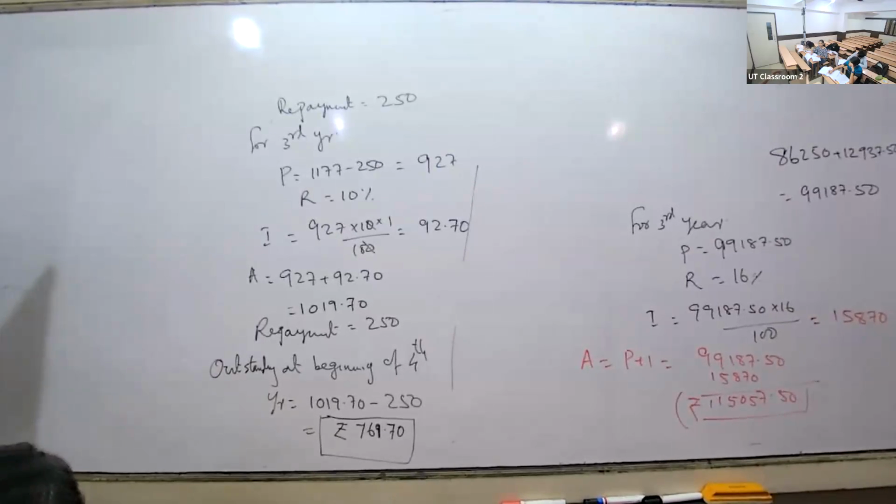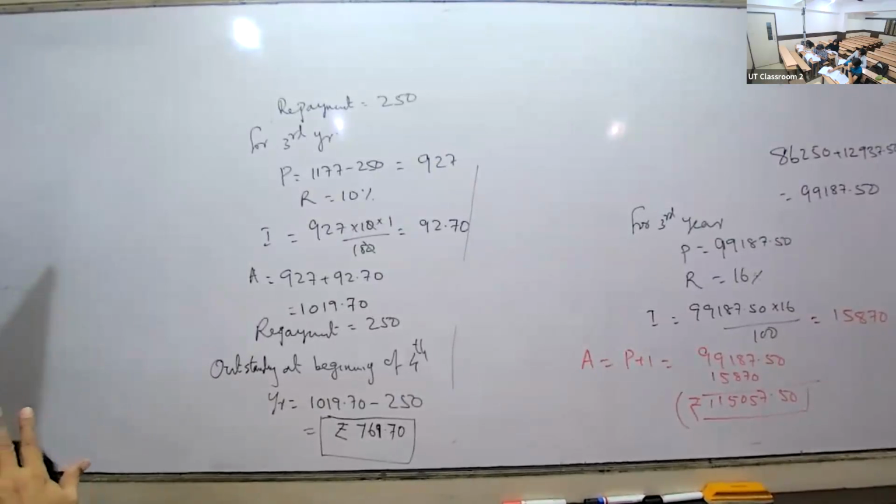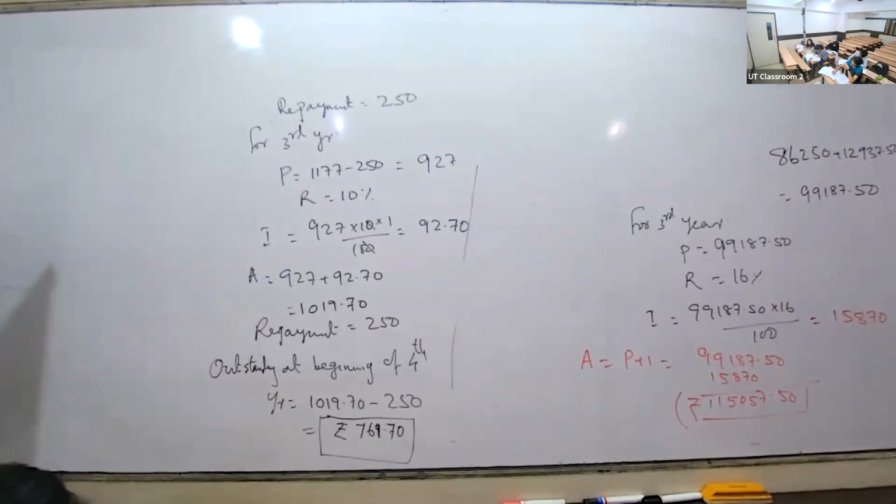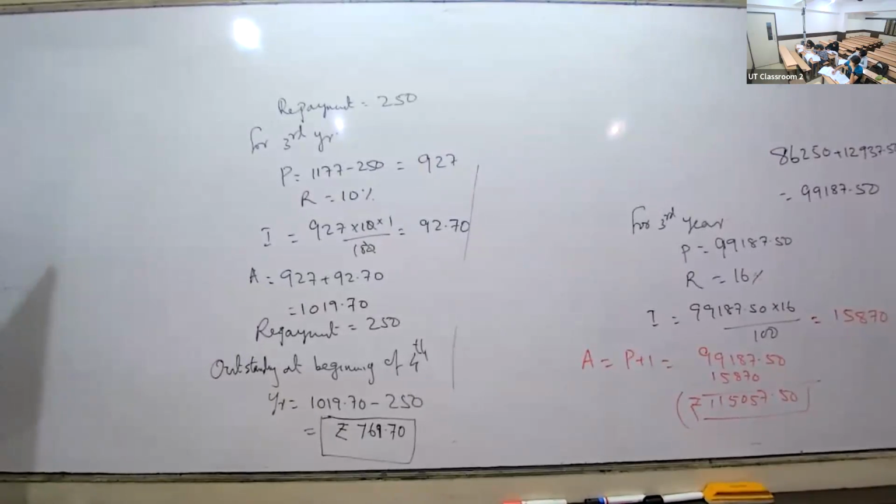That is the interest he has to pay. Now next, for compound interest, for the first half year, P is equal to how much?